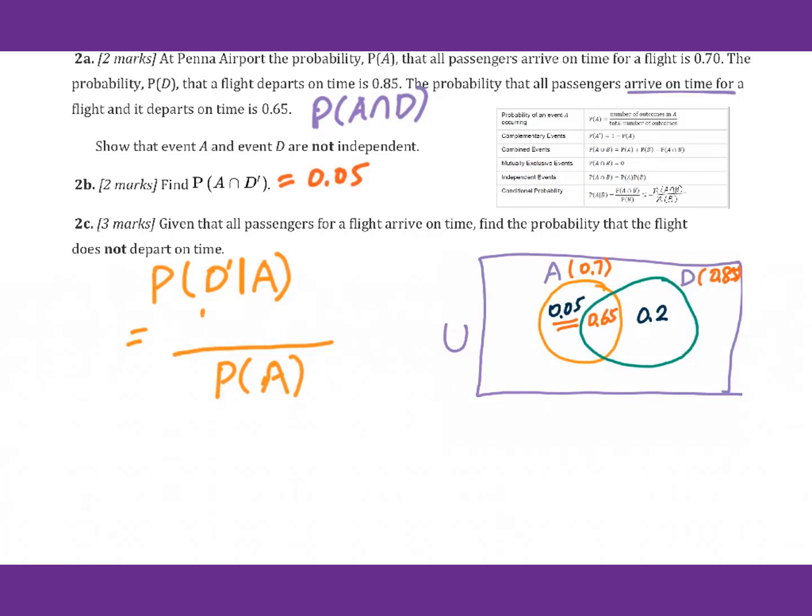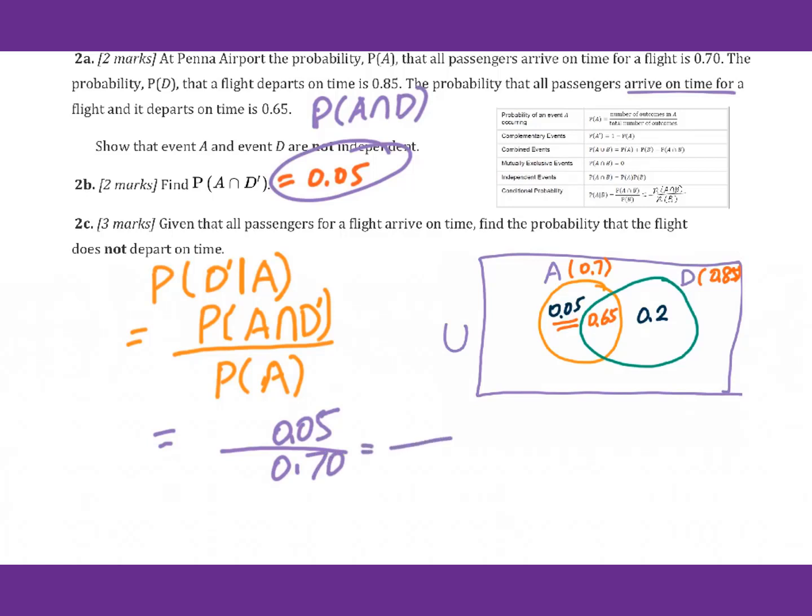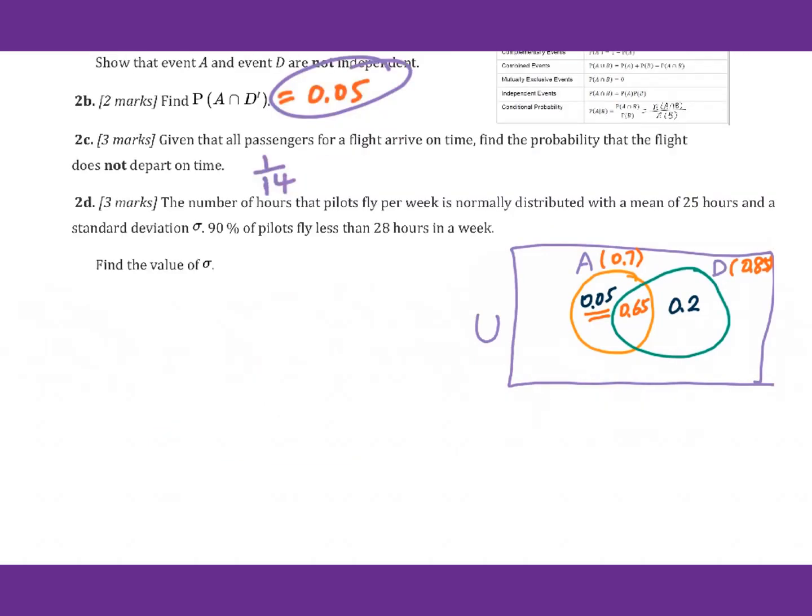Then your top will be on time for all passengers, and also the flight is not on time for departure. Then we plug in, you will get this part is 0.05. Probability for A, that is 0.70. Reduce, you will get 1/14. Let's go to 2D.